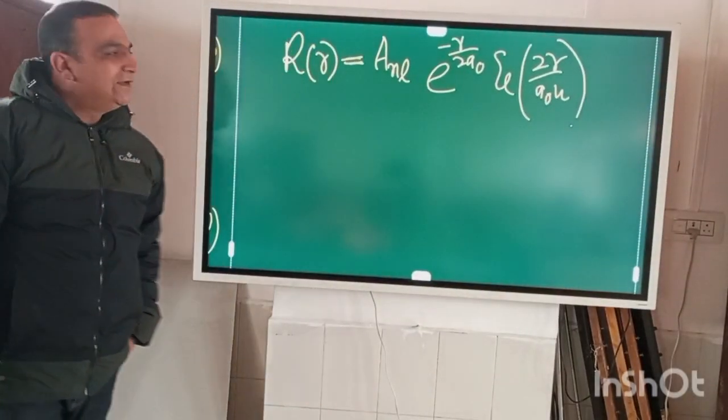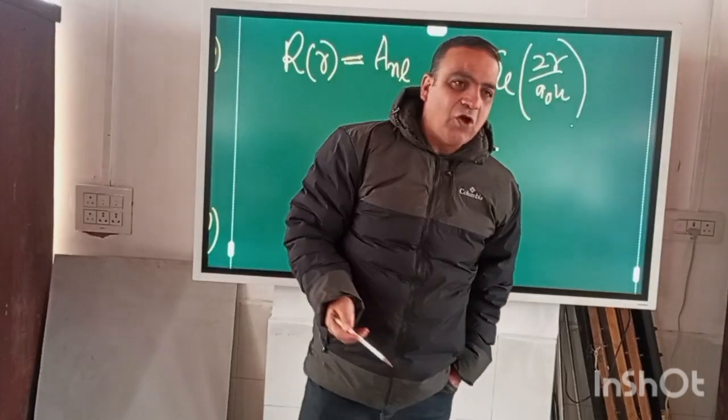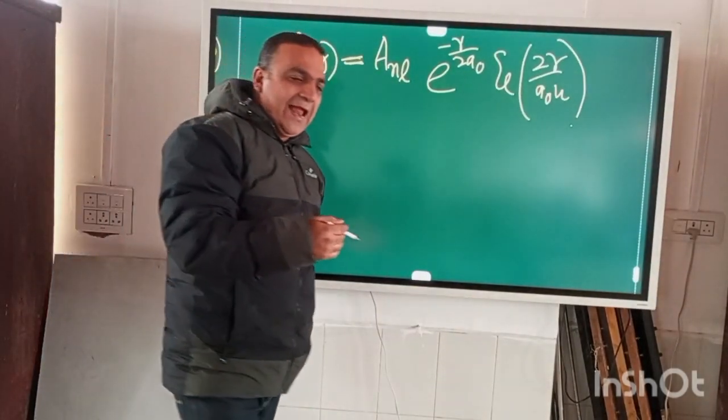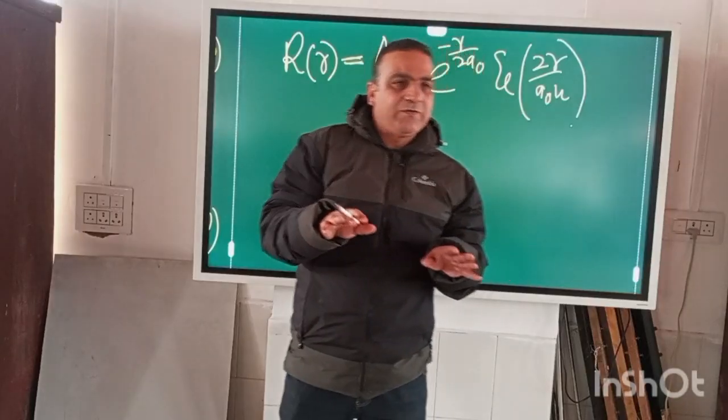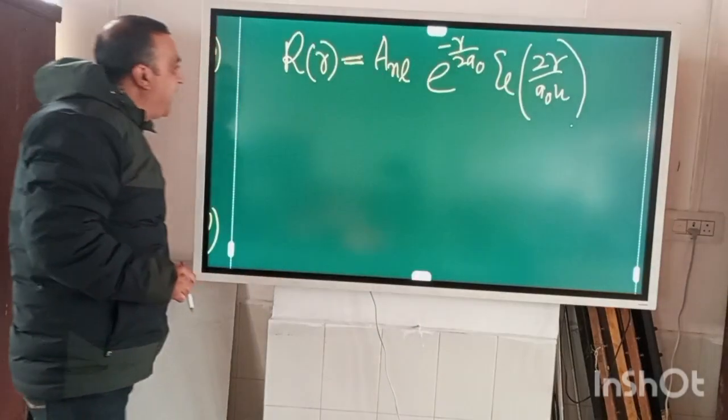Okay? So somehow these are the solutions of the three independent parts: the radial part, the angular part (theta part), and the azimuthal angle part.